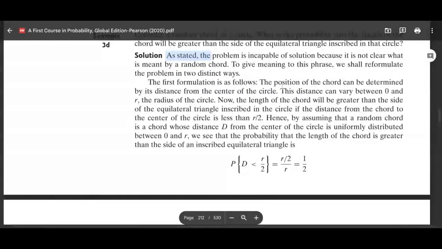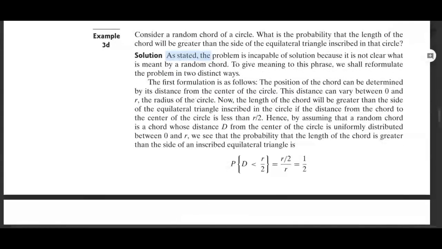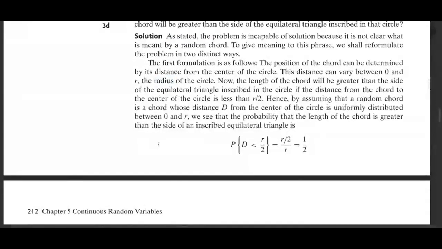The first formulation is this. The position of the chord can be determined by its distance from the center of the circle. This distance can vary between 0 and r, the radius of the circle. Then the length of the chord will be greater than the side of the equilateral triangle inscribed in the circle if the distance from the chord to the center of the circle is less than r over 2.